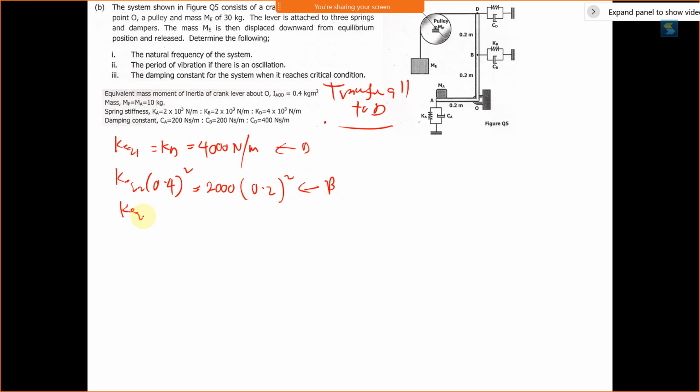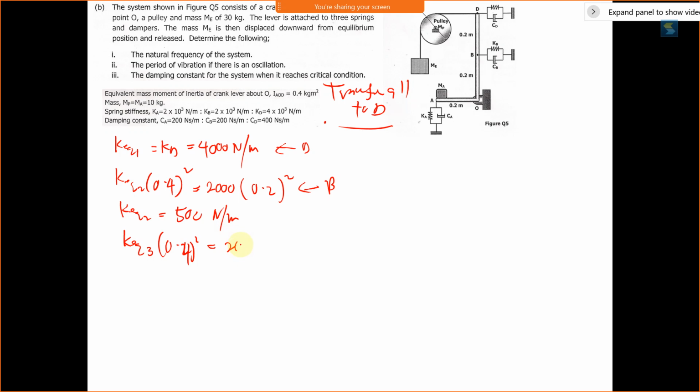So K equivalent 2 sama dengan 500 Newton per meter. Okay, and then last one, K equivalent for A. K equivalent 3 times with 0.4 squared equals to KA.